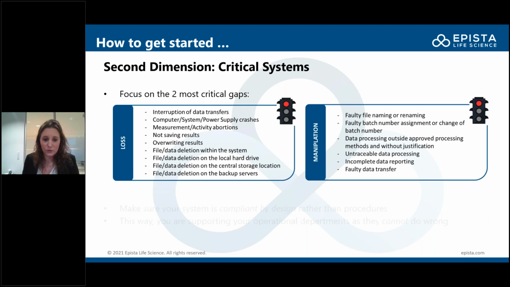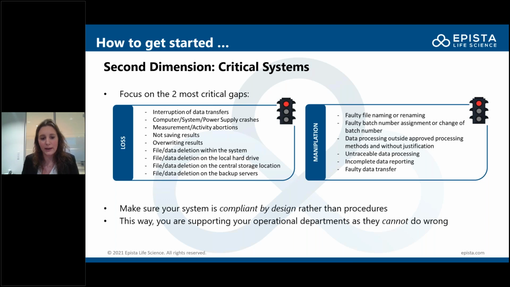So really try looking at those critical gaps and make sure that your systems are compliant by design rather than by procedures. Of course, you can always say, well, you need to follow this process, or this and that can happen. But in the end, if you are making sure your systems are set up and configured in a way that these data loss and data manipulation possibilities are decreased, you are doing your operational departments a huge favor, because they just can't be wrong.